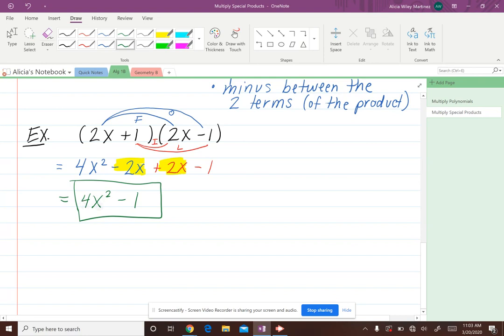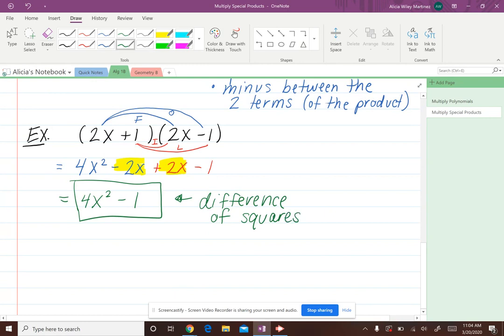X squared is a perfect square, x times x. So if 4 is a perfect square and x squared is a perfect square, together they are also a perfect square because it's 2x times 2x. If someone said, what does this product represent? You would say, that's a difference of squares.